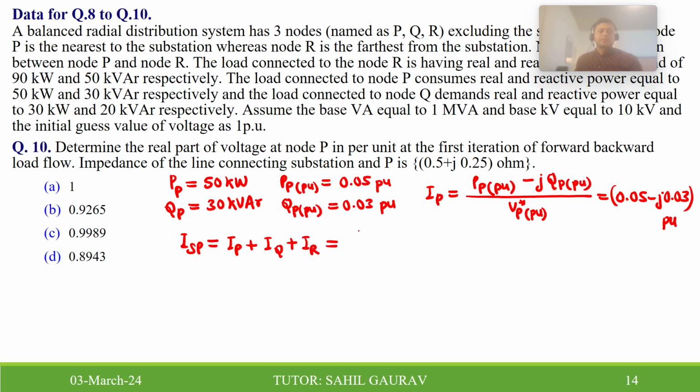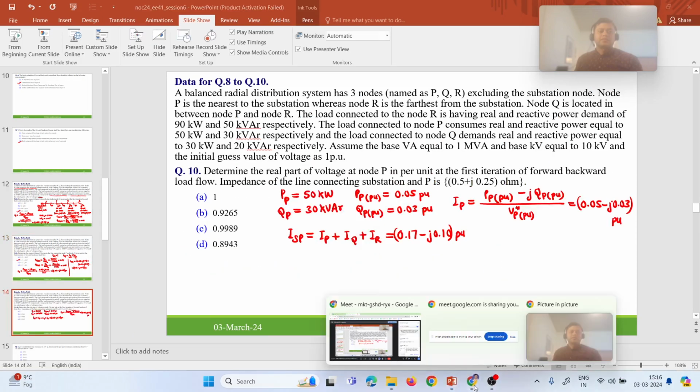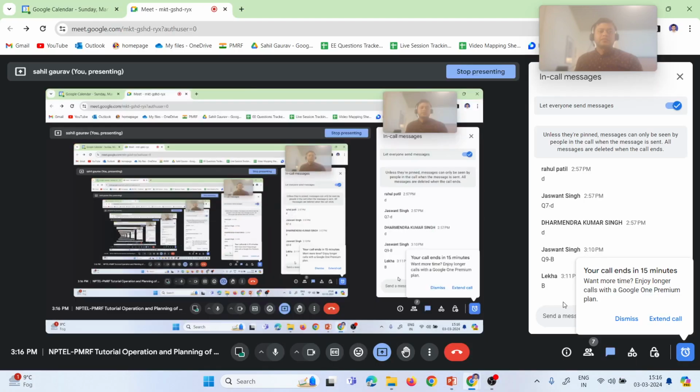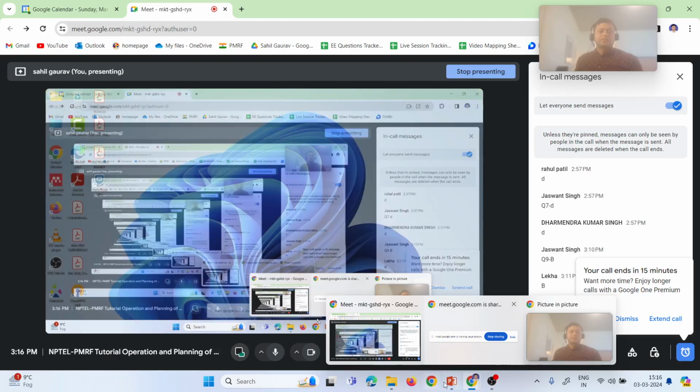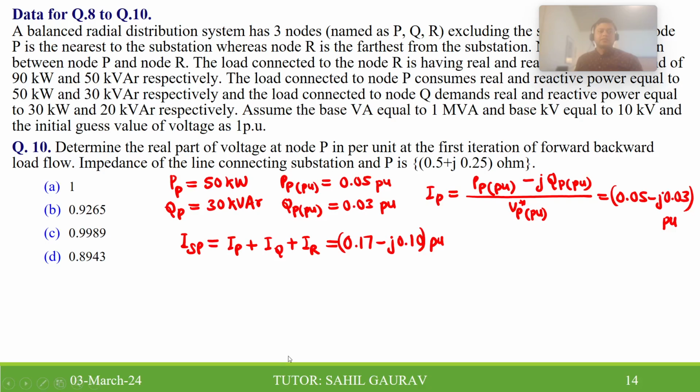If you do the summation, then you will get 0.17 minus J 0.10 per unit. Okay, so this value we got.